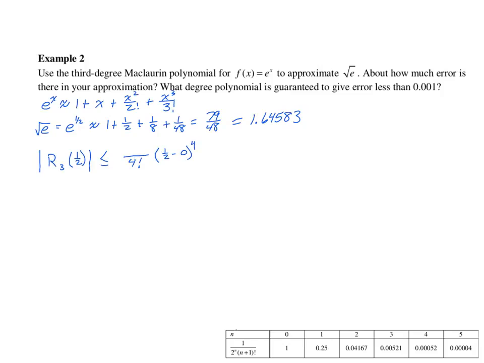And then this is where people have the greatest difficulty: trying to figure out what this number up here is. What's the largest value of the n plus 1 derivative? Now, e to the x, it doesn't matter how many derivatives we take, it is still going to be e to the x.